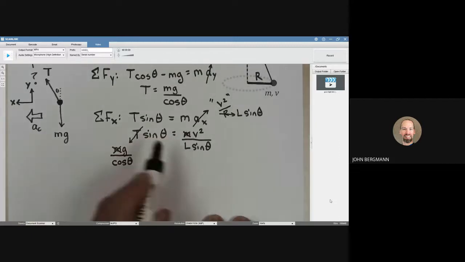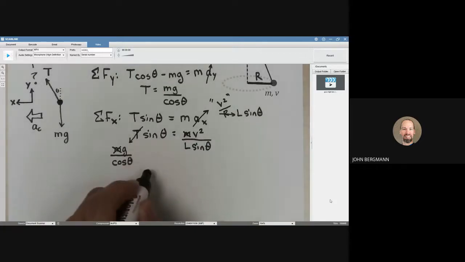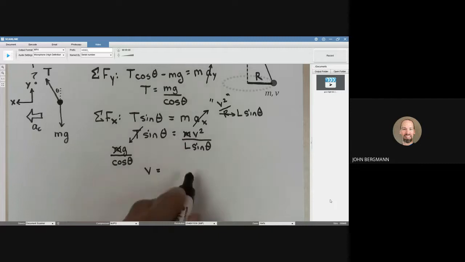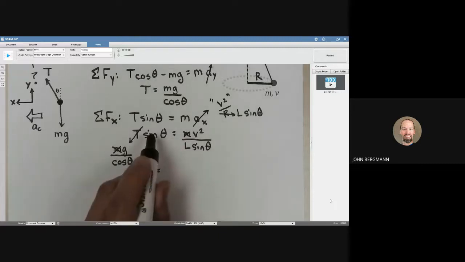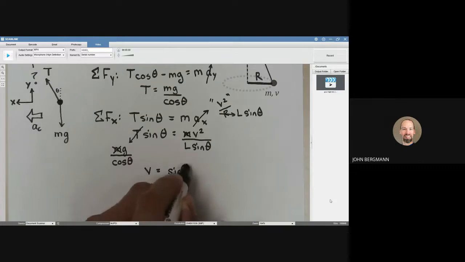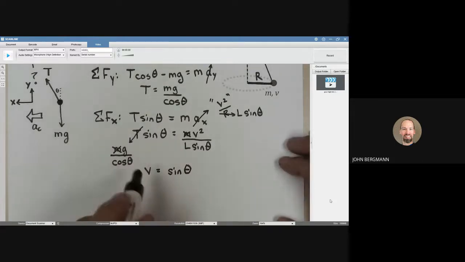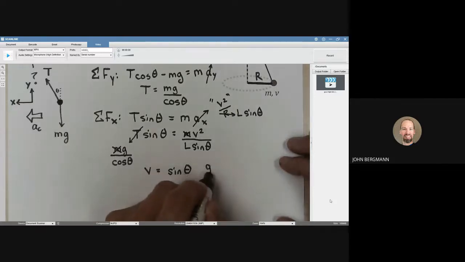If I put the L on that side and the sine theta on that side, we're going to end up with v is equal to sine theta squared. There are a couple ways you could do that. Then you have to take the square root. So you might want to check this and make sure I don't make any mistakes here. I'm thinking that we're going to get that, and then g times L divided by cosine theta. All of that is still under the radical.